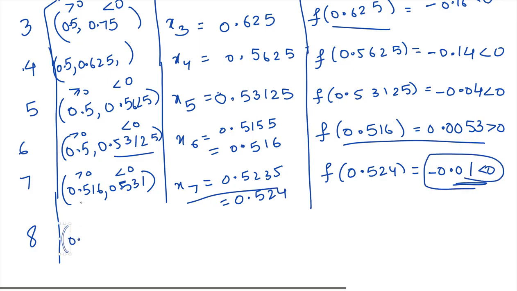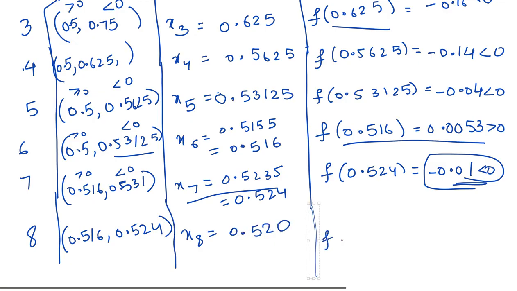Greater than 0 from the previous interval is 0.516 and this value is 0.524. So now our root lies between 0.516 and 0.524. So 0.516 plus 0.524 divided by 2 is 0.520.